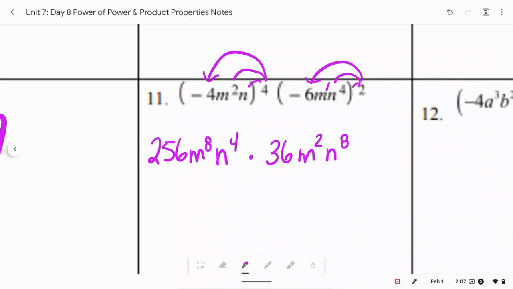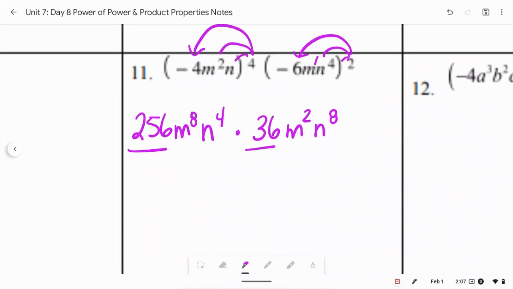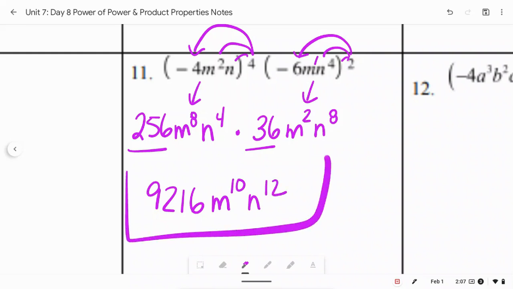Now it becomes a multiplication problem, so I'm going to multiply my coefficients. 256 times 36 is 9,216, and then add the exponents. So I get m to the 10th, n to the 12th. Final answer.